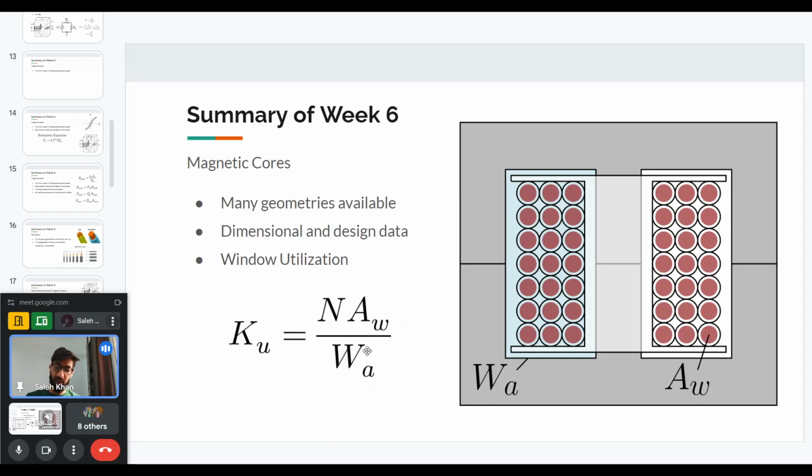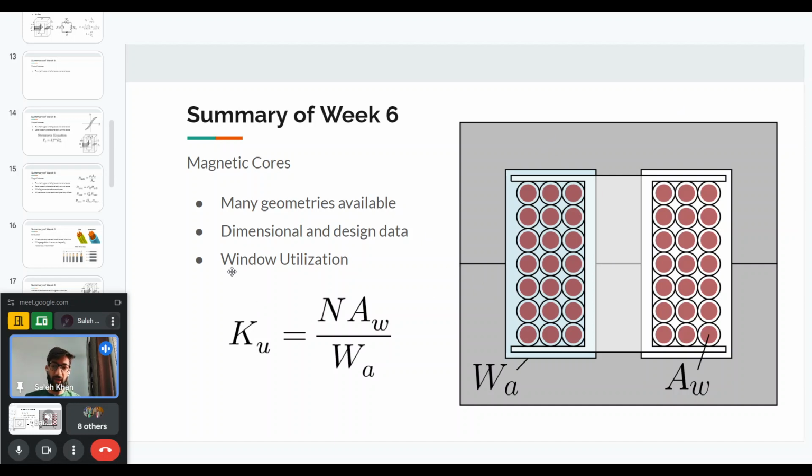And if you utilize a higher area, then basically a lot of this window area will be covered by the winding, and that means your inductor size can be small, because if the window utilization factor is less, that means some portion of the window is unutilized, and that means you are using a larger core when you could have used a smaller core.